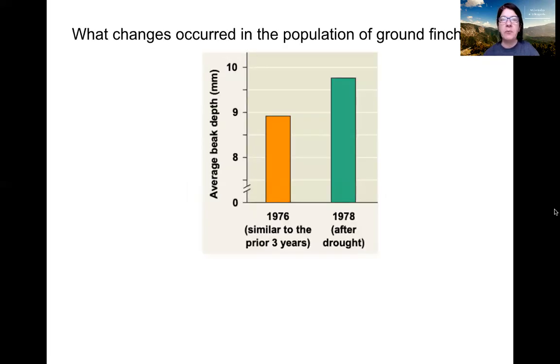hence the word micro. So remember, we discussed the Grants' findings of the small ground finches in the Galapagos Islands after a change in the environment, the drought. So what changes occurred in the population of ground finches? Again, pause the video, answer the question, and I'm reminding you about the data by giving you a different version of the graph here.